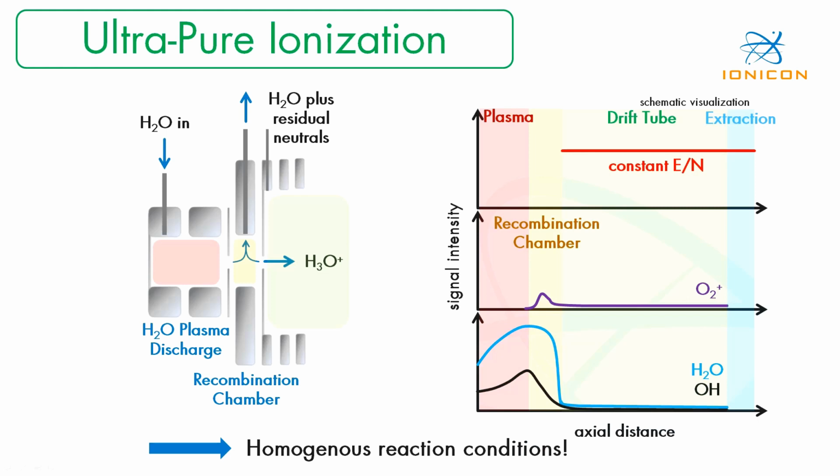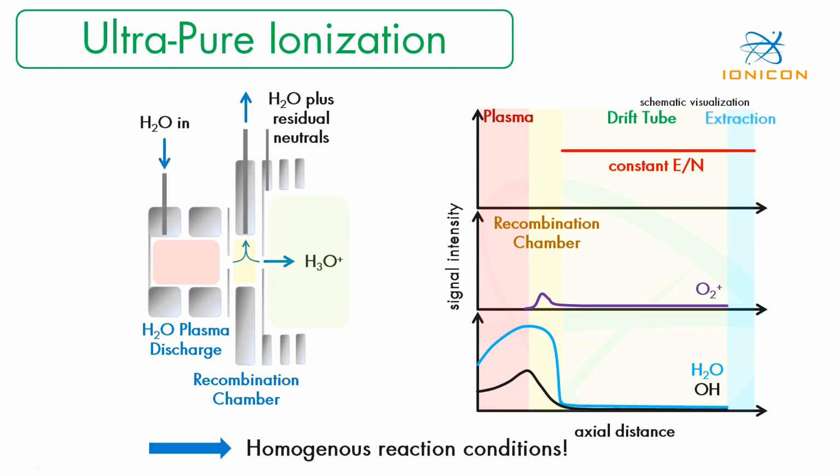Our applied DC fields, controlled pressures and temperatures, together with finely tuned extraction energies, result in a constant electric field over number density ratio throughout the whole reaction chamber. And exactly this constant E/N ratio allows for a controlled and homogeneous ion-molecule reaction.